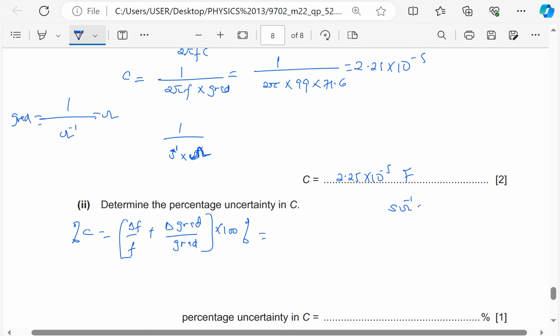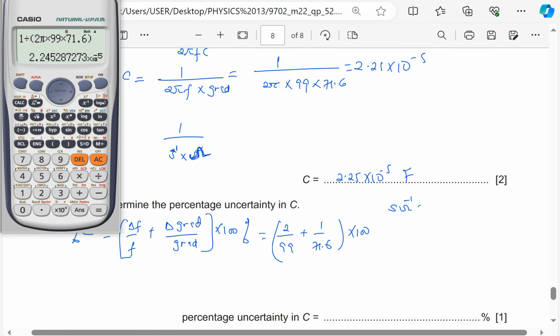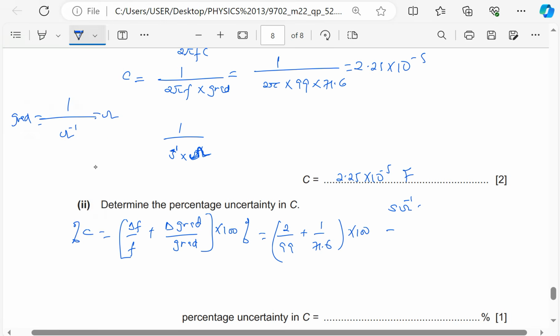So that is 2 divided by 99 plus 1 divided by 71.6, times 100. So this is giving me 3.4%.